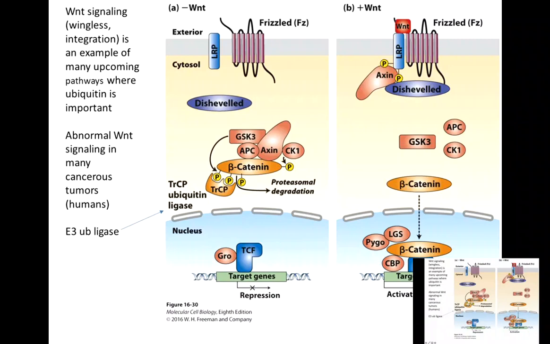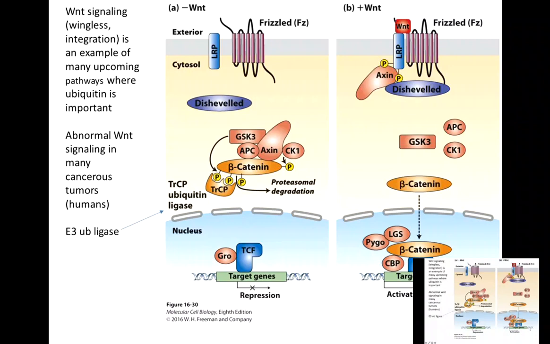So if axin can't be part of that complex because now it's bound to the Wnt receptor, GSK3 has low activity for phosphorylating beta-catenin. So instead of beta-catenin getting degraded, it builds up. It can now go to the nucleus. It can displace Groucho and recruit some other transcription factors, PYGO, LGS, and CBP.